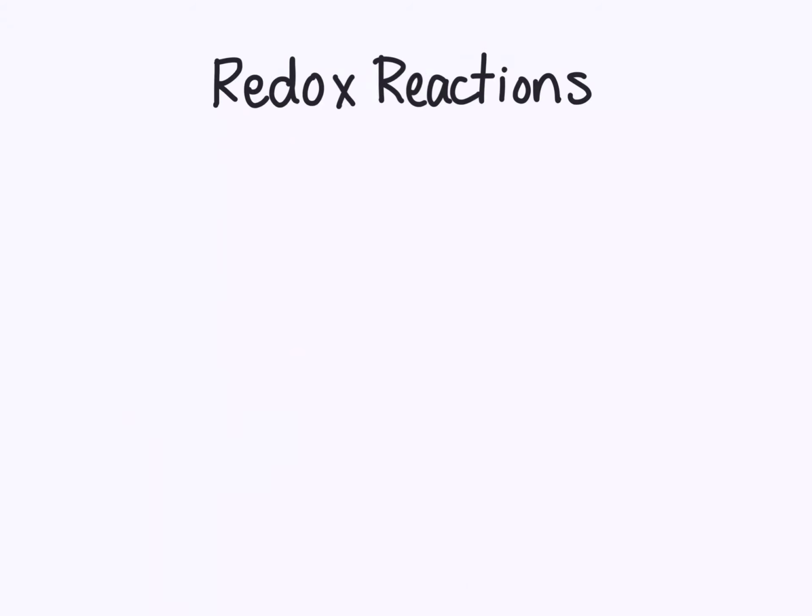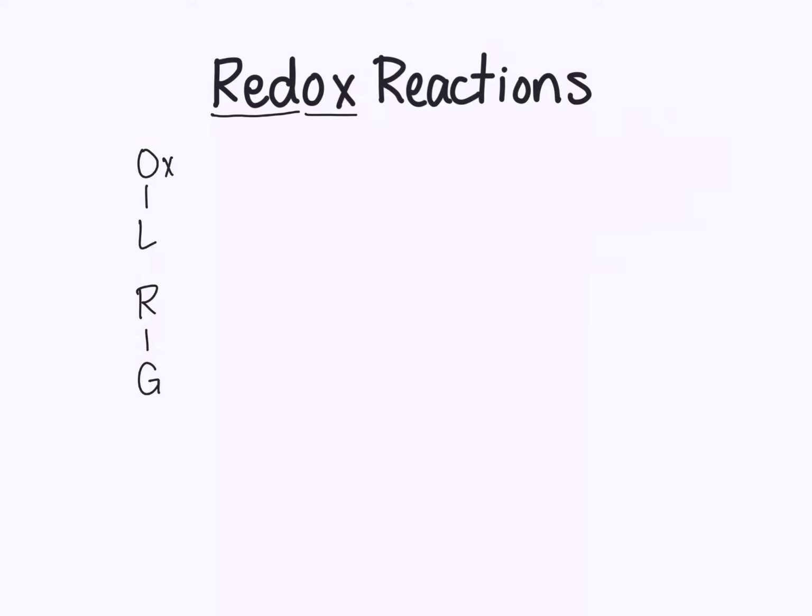In another video, you should have learned about redox reactions, but we'll do a quick review of those reactions here because they play an important role in photosynthesis. So remember that redox is actually an abbreviation for reduction and oxidation. And remember that we can use the mnemonic of OIL RIG to remember what is happening during these reactions.